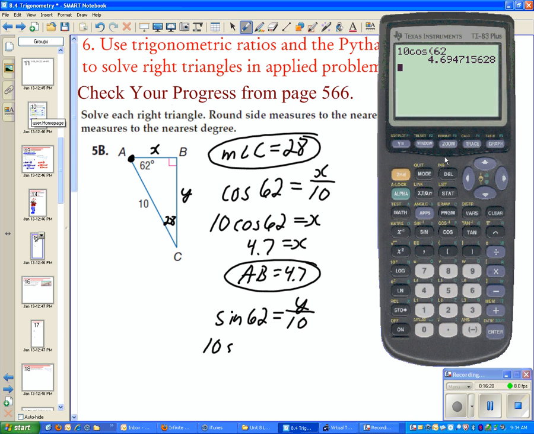So then I get 10 times the sine of 62 equals y. So that's about 8.8 for y. So 8.8 is the length of BC.